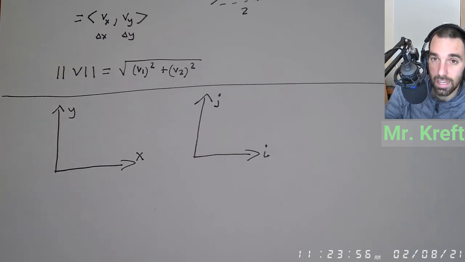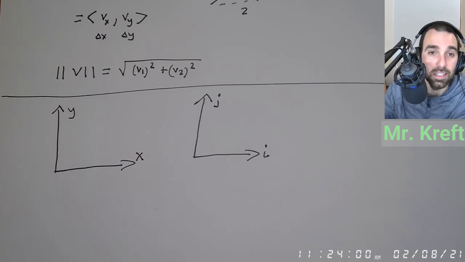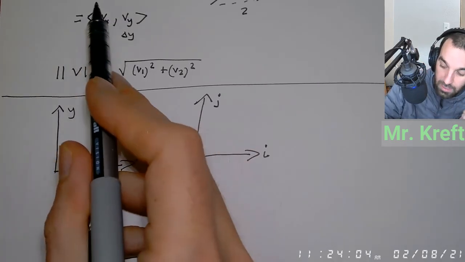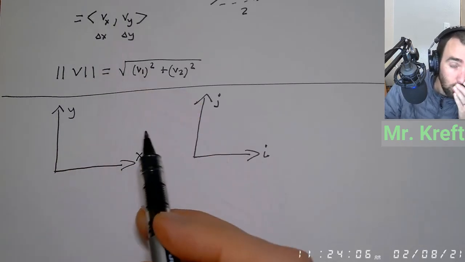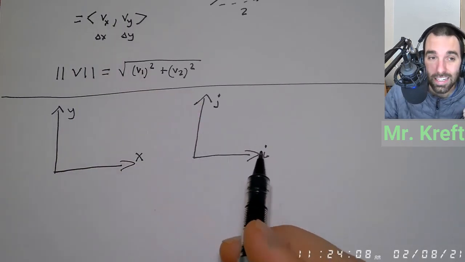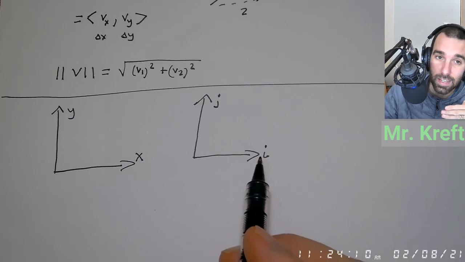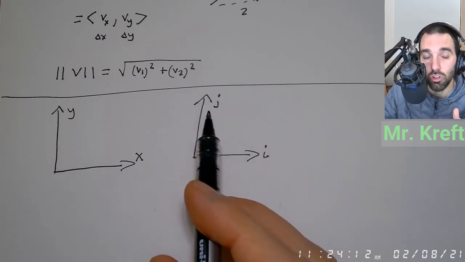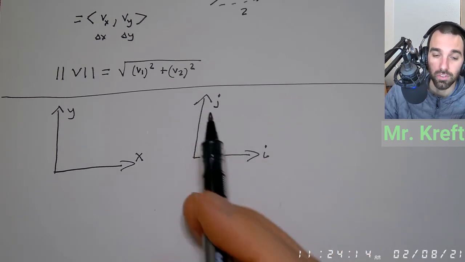Okay, so the i is your x-axis, and the j is the y-axis. So rather than doing v1, v2, we're going to call anything with an i on it the x-axis, and anything with a j in it the j-axis.